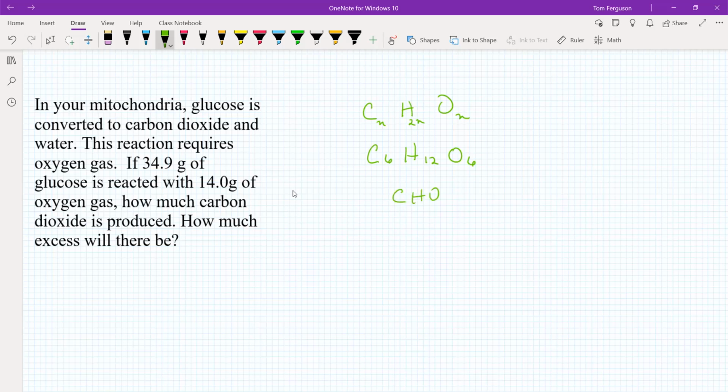That's the ratio of the hydrogens to carbon. Say we had sucrose, a disaccharide with a glucose and a fructose in it.